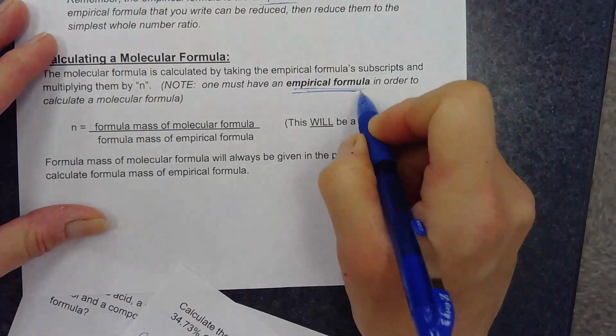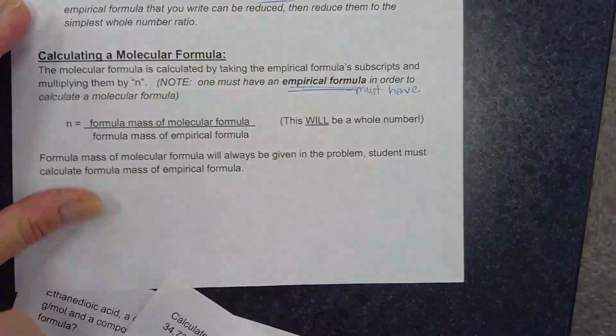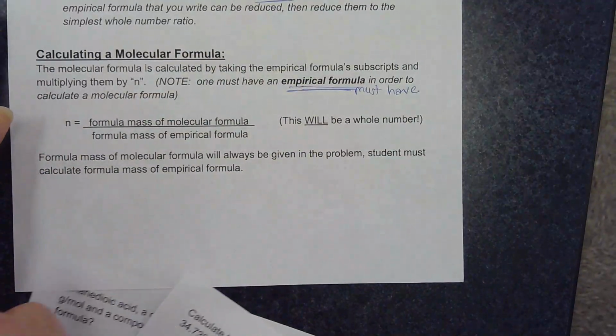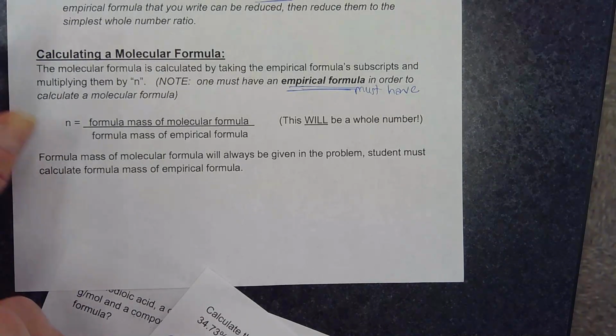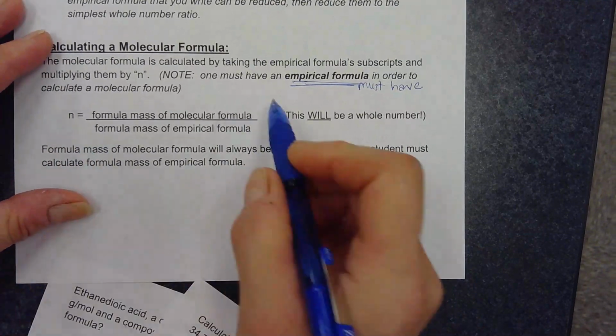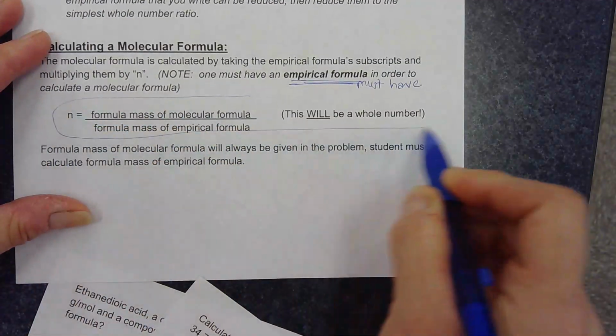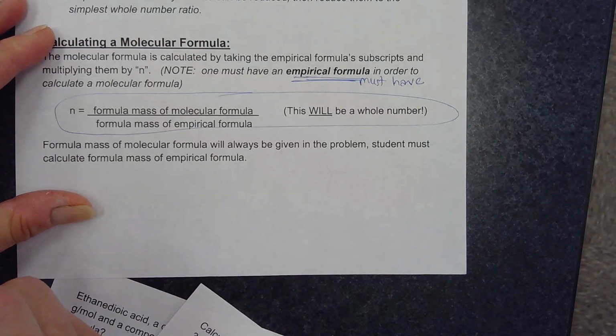Let me say that again. Empirical formula you must have in order to calculate a molecular formula. Now, sometimes you have to calculate the empirical formula first and then get the molecular formula. Sometimes I give you the empirical formula, but you must have an empirical formula. And then you will use this equation to determine the molecular formula.